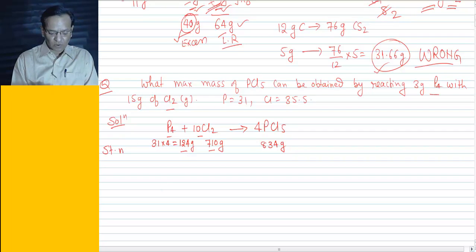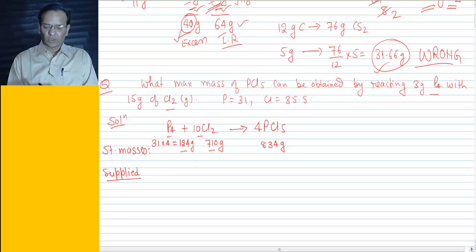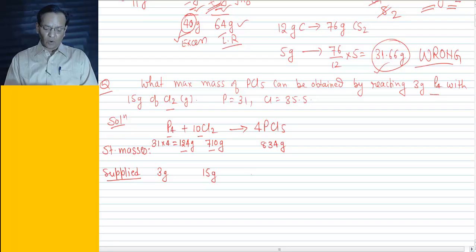These are the stoichiometric masses. Now supplied. So supplied masses are 3 gram of phosphorus and 15 gram of chlorine. Now we are going to convert this 15 to 710 or 3 to 124.